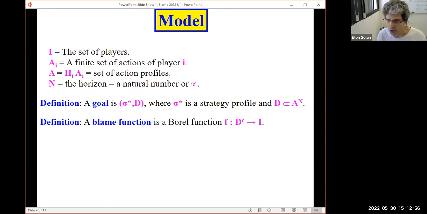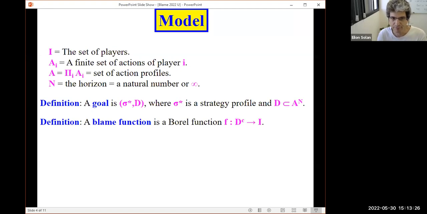A blame function is an important concept in this talk. This is a function from the complement of D to the set of players. If the realized play, finite or infinite, turns out to be not in D, not in the target set, then we would like to point at the player who deviated.